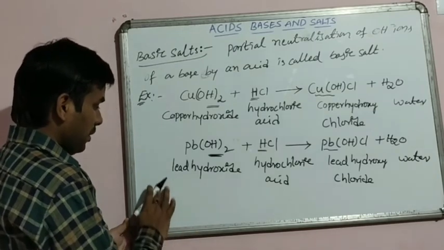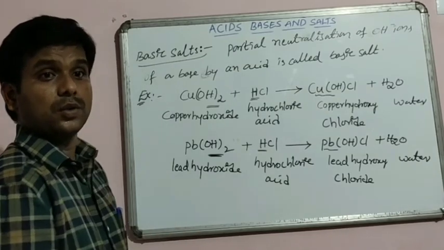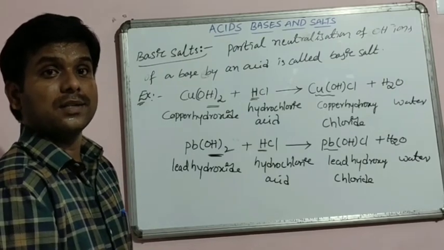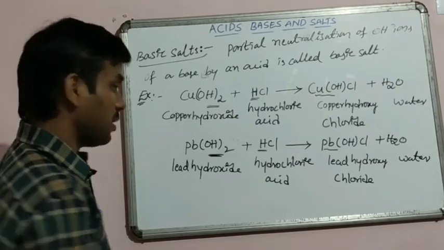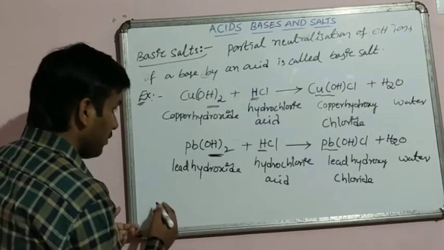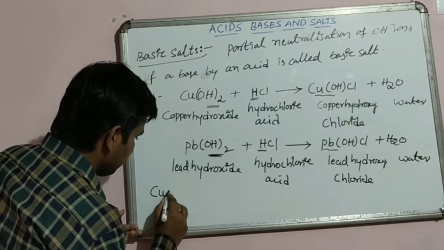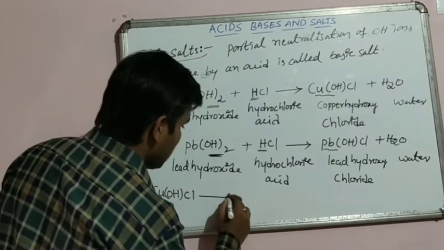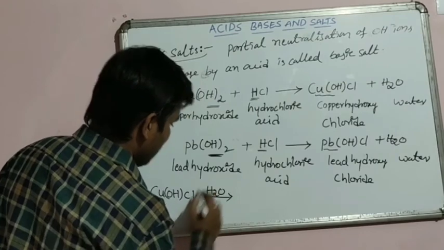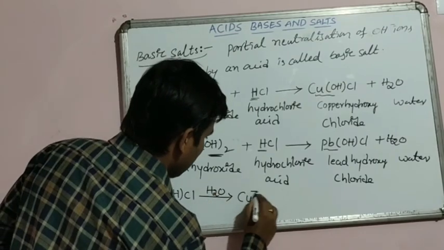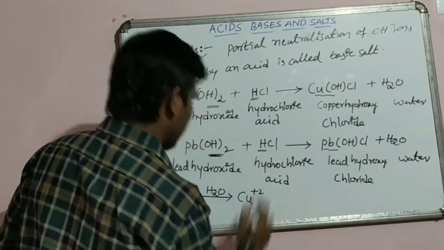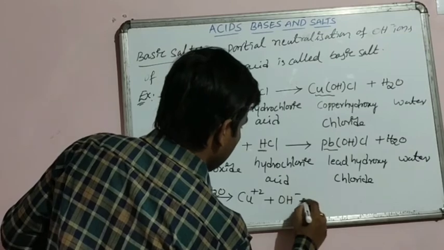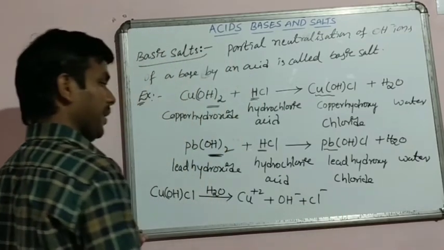We already know the substance which dissolves in water to produce hydroxyl ions is called a base. Suppose for example we take Cu(OH)Cl. When dissolved in water, it produces copper ion, OH minus and Cl minus ion, chloride ion.